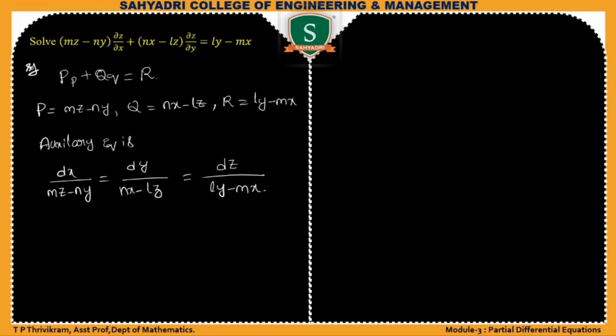Okay, so this is the auxiliary equation. That means dx by P is equal to dy by Q is equal to dz by R.